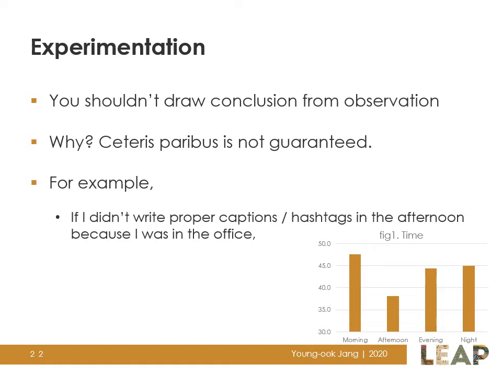So I didn't write the proper captions and I didn't have as many hashtags as I did in the morning or something like that. Then it's not the timing. It's another factor like captions or hashtags, right? So if other conditions are not controlled, then I can't say that it's the timing. It might be another factor, right?